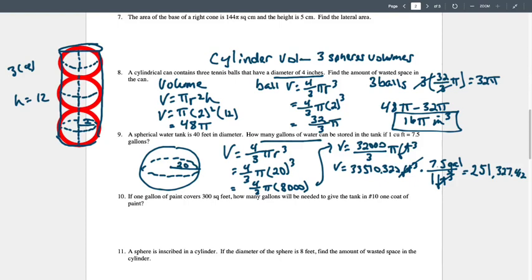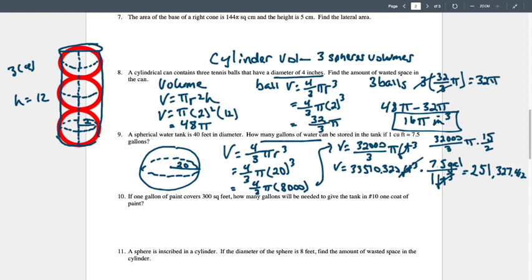If we had done it using our actual fraction, what I would have done is 32,000 divided by 3 pi, and you're going to be multiplying that by your 7.5, but really 7.5 as a fraction is 15 halves.